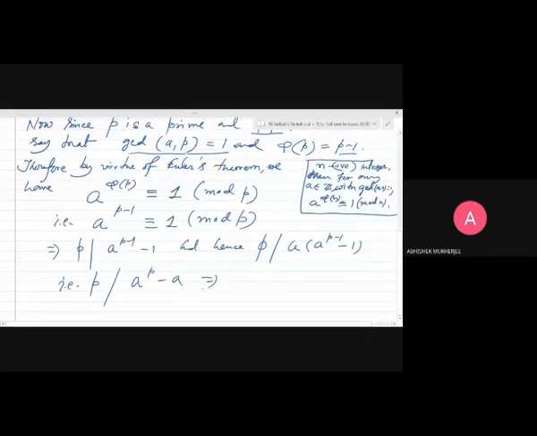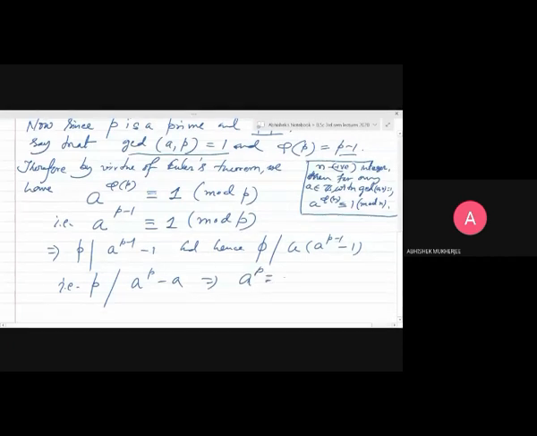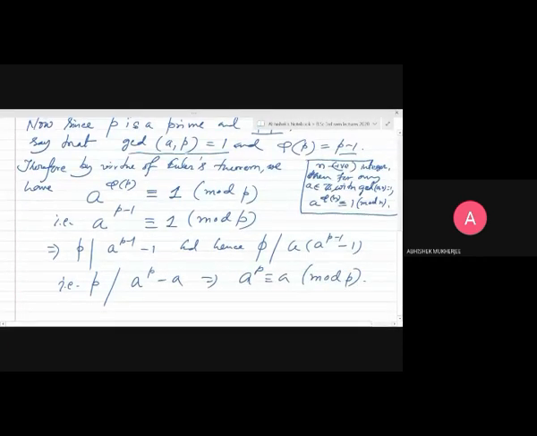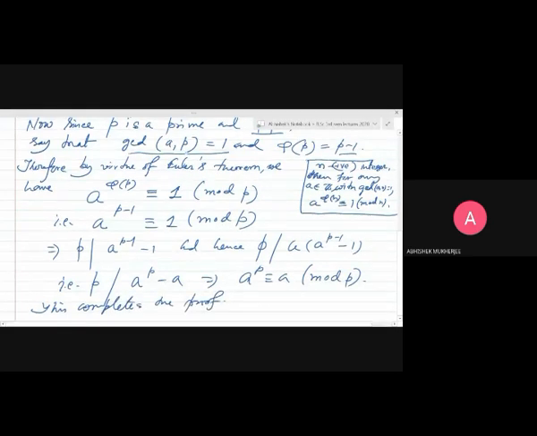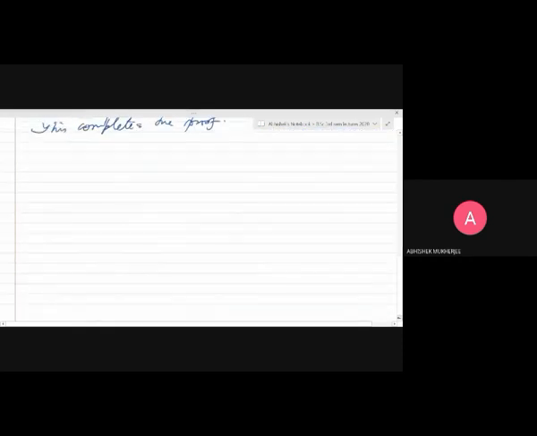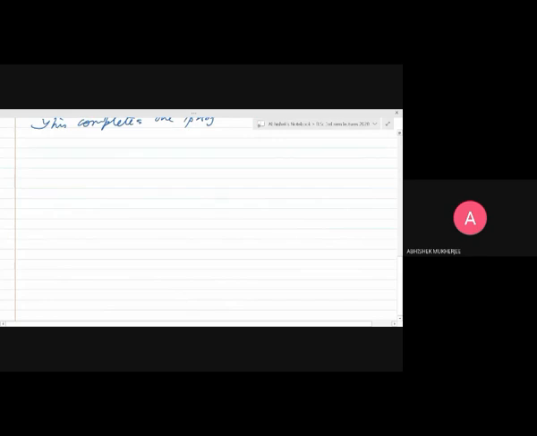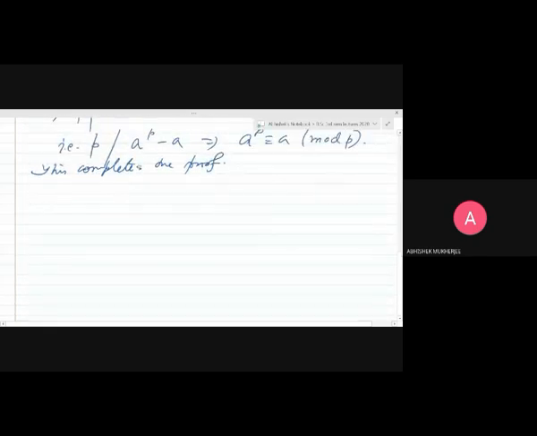That means a to the power p is congruent to a modulo p in both the cases. And this completes the proof. Right? So this completes the proof. Okay.